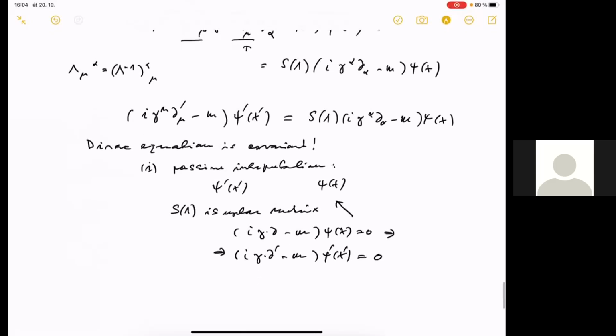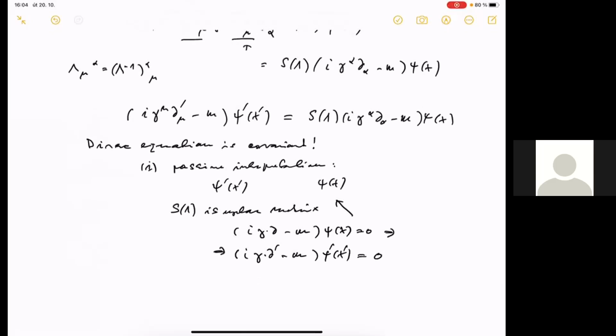As it should be. So both observers use the same Dirac equation, one unprimed, second is primed, and whenever one observer has a solution, the other observer has again a solution, and the transformation of the solution is just psi prime x prime is S lambda times psi x.